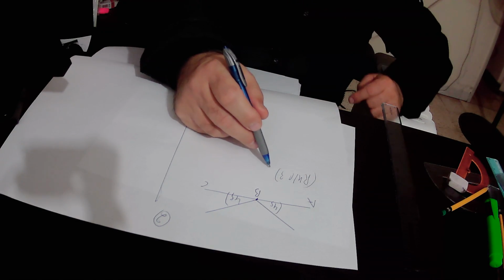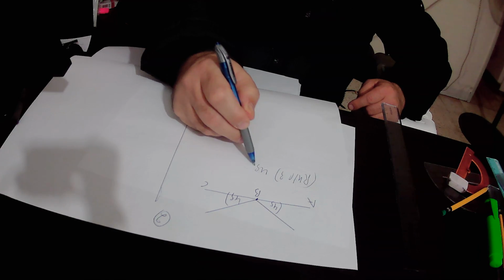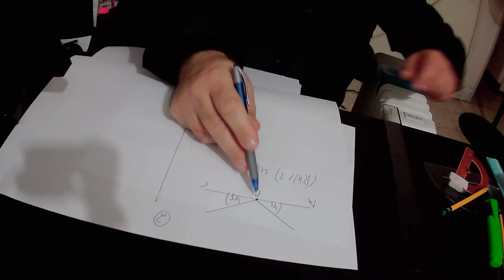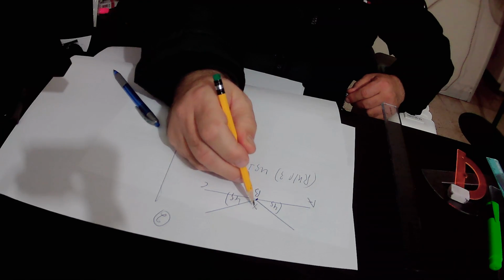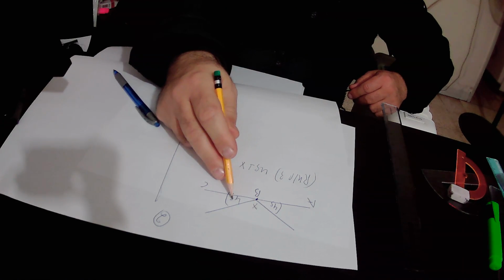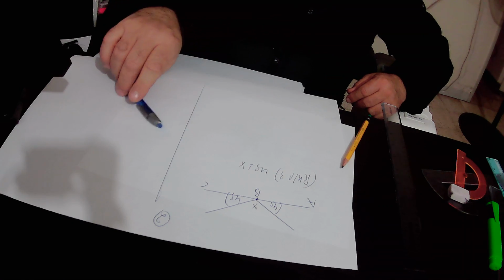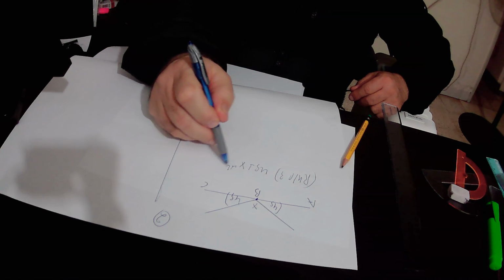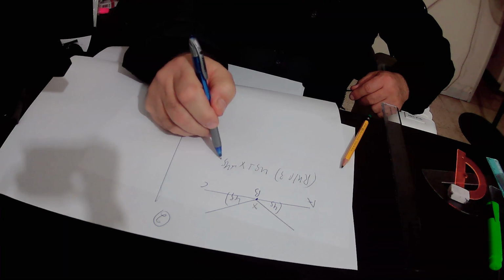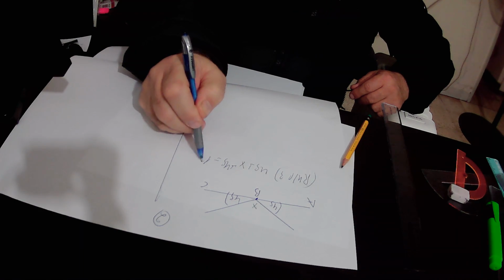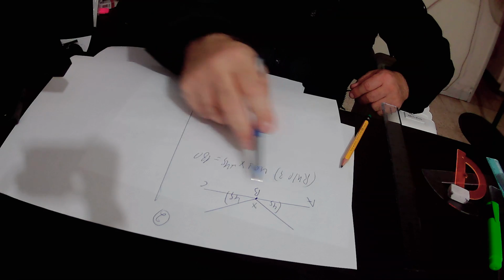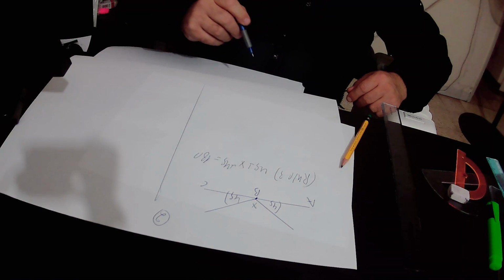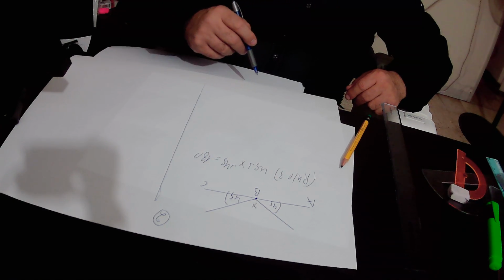We have this angle that is equal to 45 degrees, plus the missing angle that we define as x, plus this angle that is equal to 45 degrees. In total, the sum of those three angles must be equal to 180 degrees according to rule number 3.